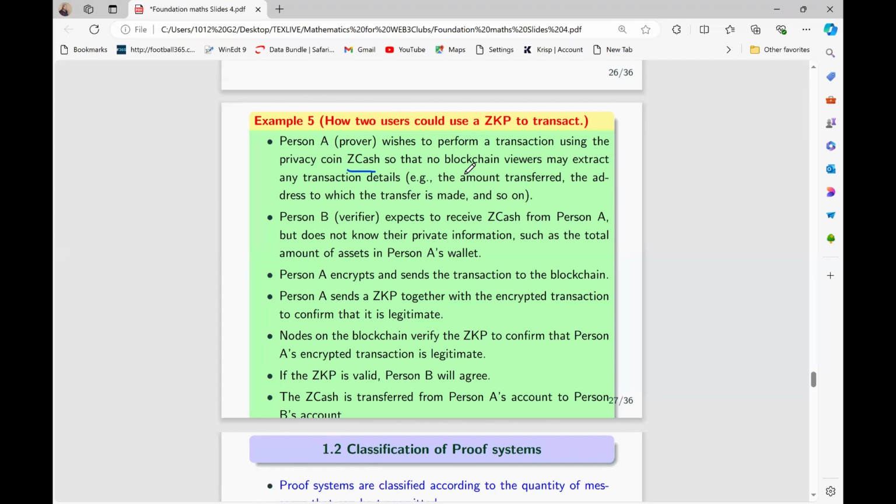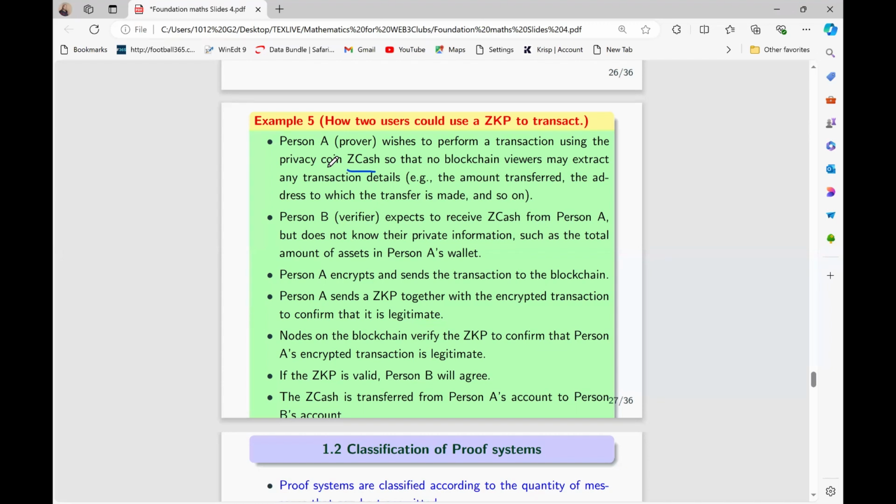Without revealing the information, he's supposed to do some steps just to prove that he has that information. So you have these two persons here, the prover. The prover wants to do some transaction. It is this prover that knows the amount in his wallet, the address and so on, and he doesn't want this information to be known by other viewers on the blockchain.